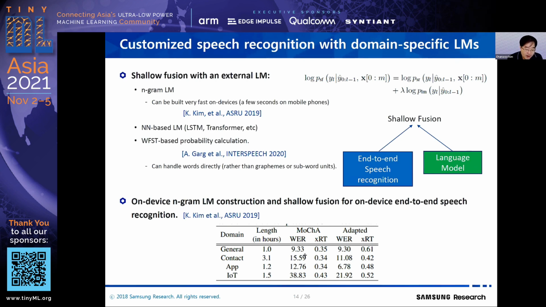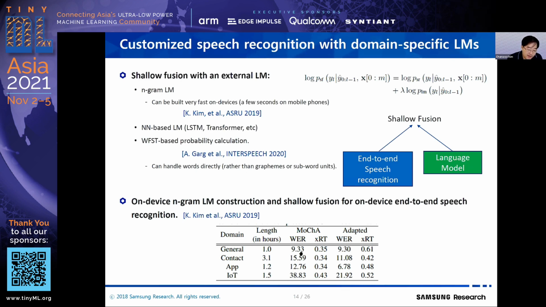In speech recognition systems, we usually measure the performance in terms of word error rate, which is the percentage of incorrect words. If the word error rate is 15%, it means that 15 words out of 100 words are incorrectly recognized. After adaptation, the word error rate was reduced to 11% from the original 15%.